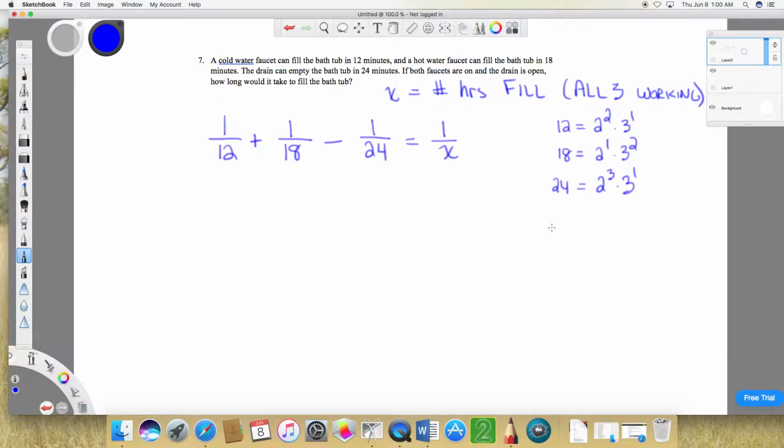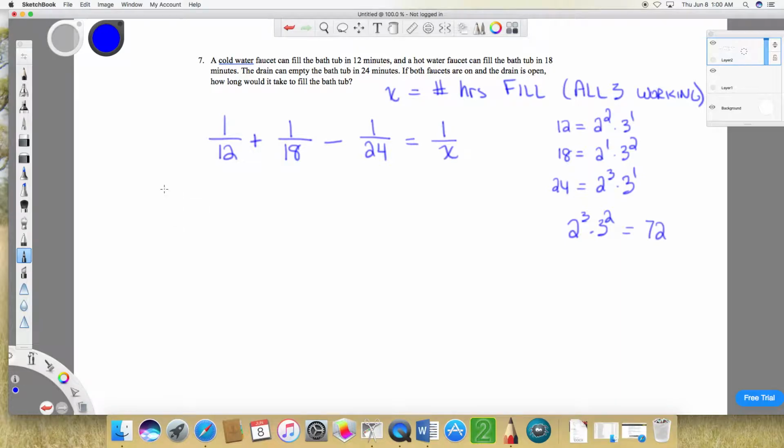And I want a factor of x in there as well. The biggest exponent on 2 is 3, and the biggest on 3 is 2, so I have 8 times 9. So I want 72x as my least common denominator.